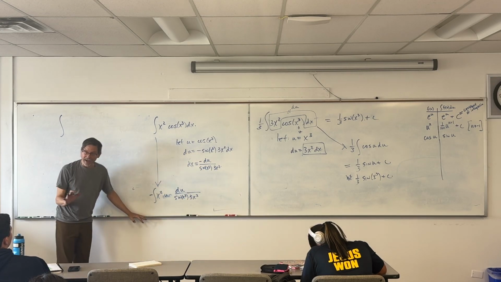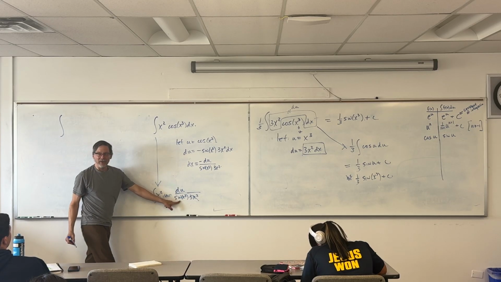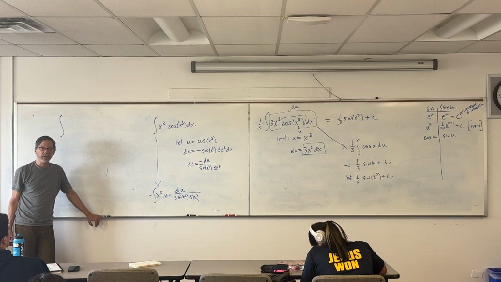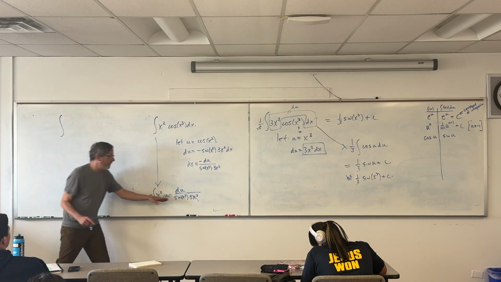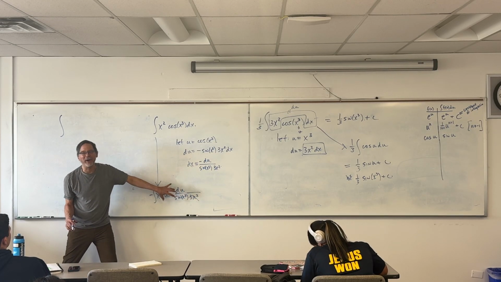Now when I go to cancel, those cancel out. You still have that in the bottom. Can't you just bring that out and go 1 over sine x cubed? We can't, because the variable stuff has to stay inside. The only thing that can come out front are constants.